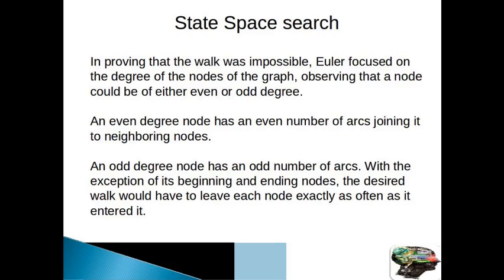That means island 1 has 5 degrees, island 2 has 3 degrees, river bank 1 has 3 degrees, river bank 2 has 3 degrees. All the nodes were having odd degrees. You have to remember that.